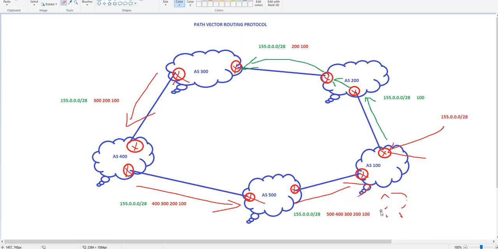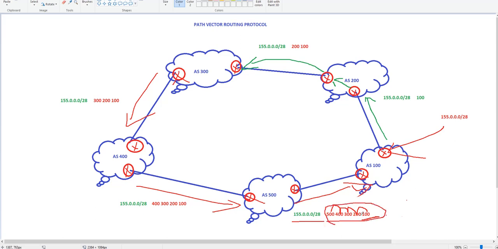So now this router will think, wait, this prefix has come from AS100, 200, 300, 400, 500, right? But this router itself is sitting in AS100. Why should I take this update from you with this many hops away?